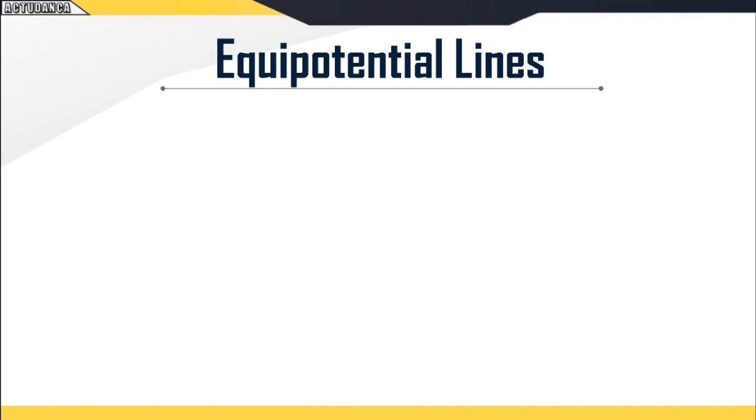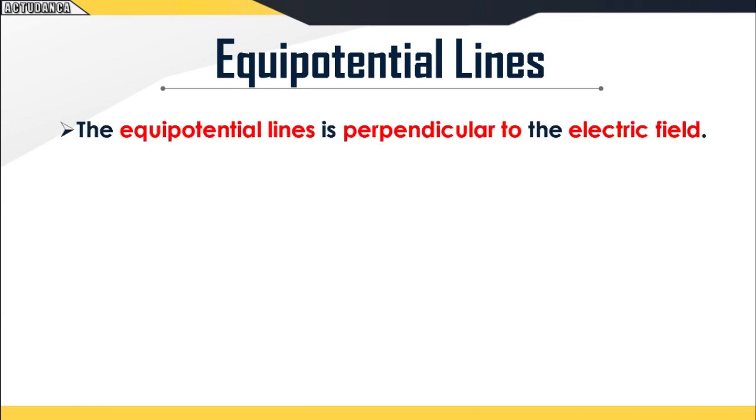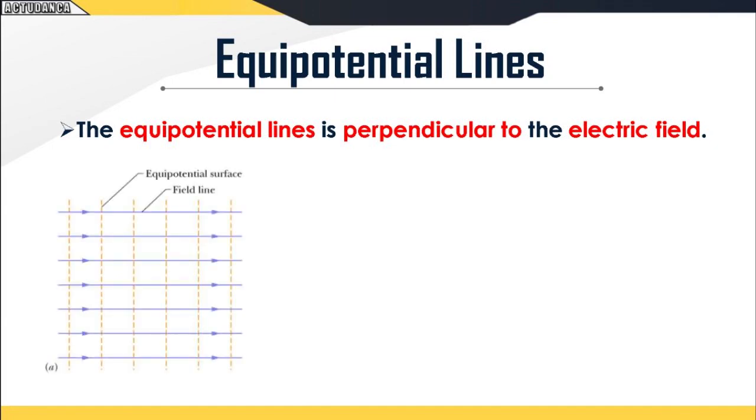Next, we have here equipotential lines. What can we evaluate or observe when we are talking about equipotential lines? Equipotential lines is perpendicular to the electric field. In our first illustration, we have a uniform electric field, uniform in direction, and uniform in magnitude dahil pare-pareho sila ng length.